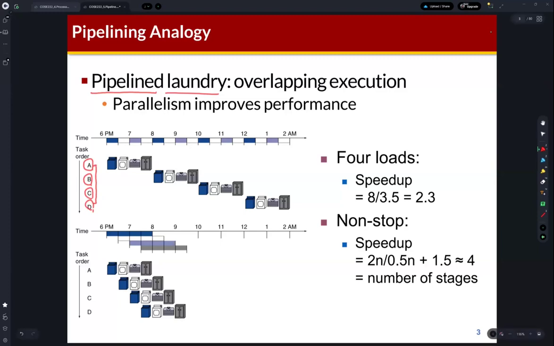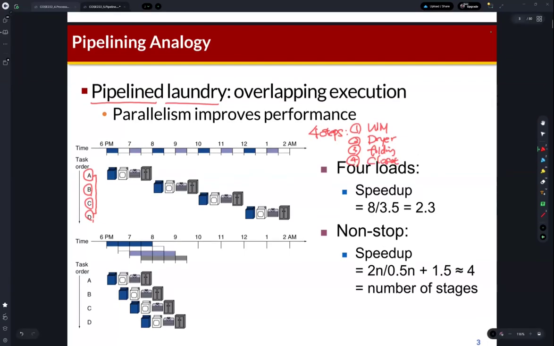Firstly, we need to use the washing machine, and then we need to use the dryer, and then we need to fold the clothings, the folding, and then we need to put the folded clothings in the closet. So we can say that these are four required steps for the laundry process, right?